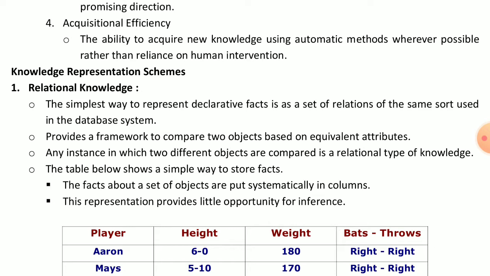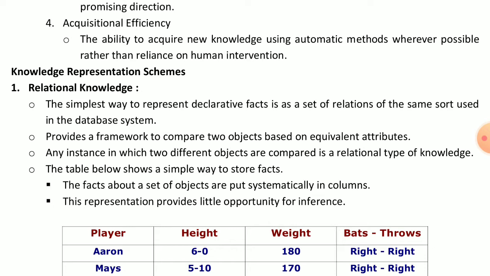Now next is knowledge representation schemes. In these schemes, first is relational knowledge, second is inheritable knowledge, third is inferential knowledge, and fourth is procedural knowledge. Okay, one by one we learn all these four schemes.